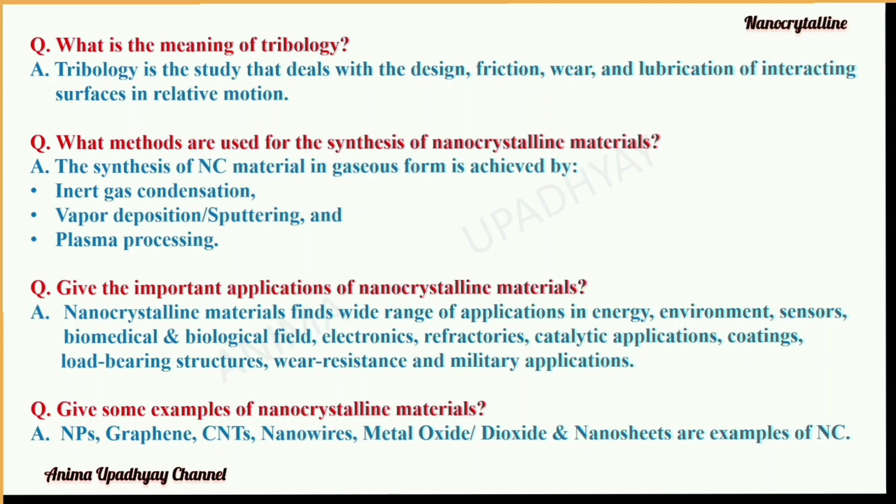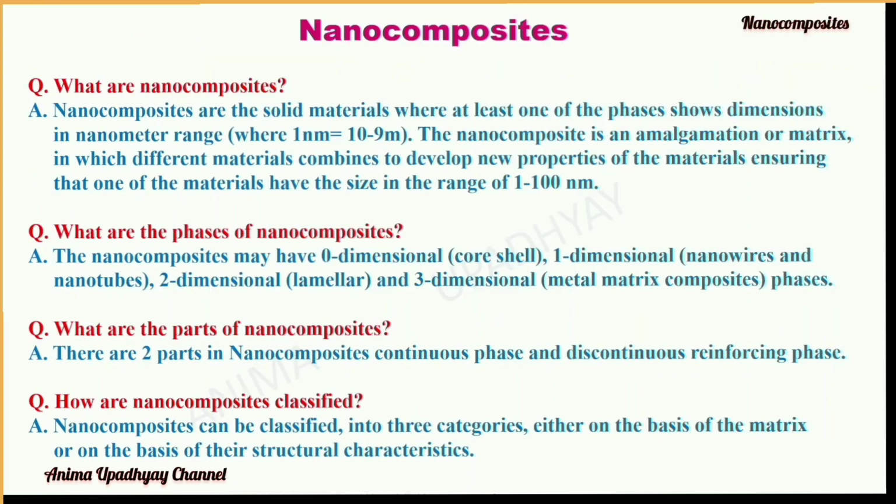Give some examples of nanocrystalline materials. The nanoparticles, graphene, carbon nanotubes, nanowires, metal oxides and dioxides, and nanosheets are some examples of nanocrystalline materials.